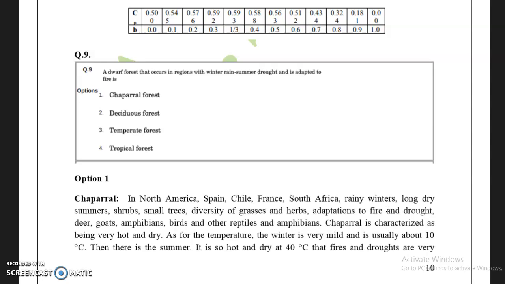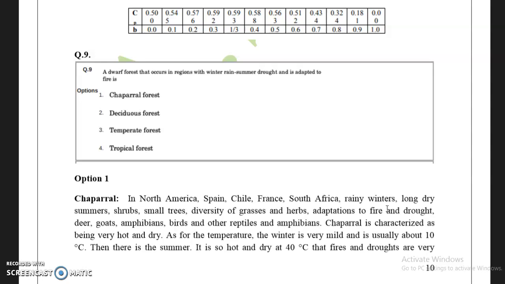These forests are resilient to these fires. They try to combat them and grow again.